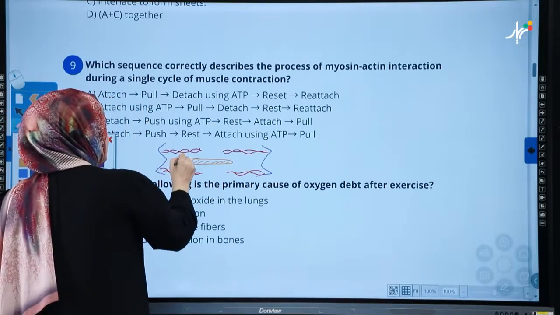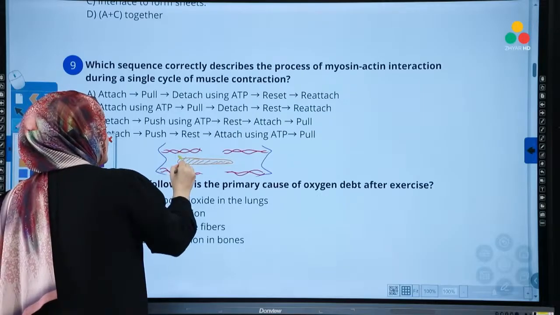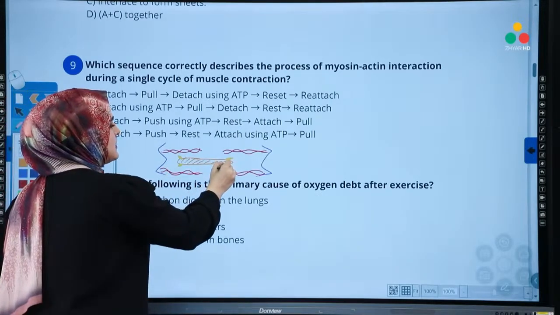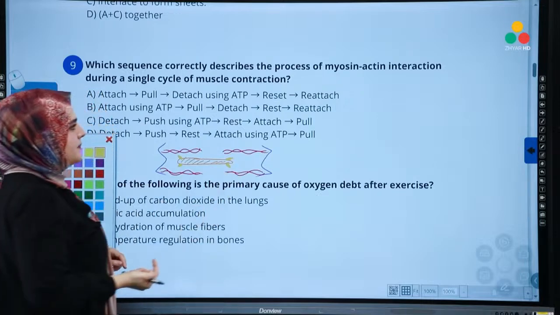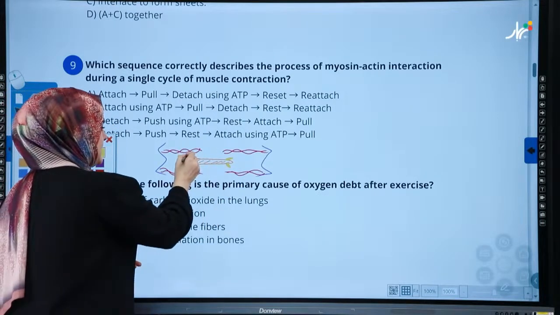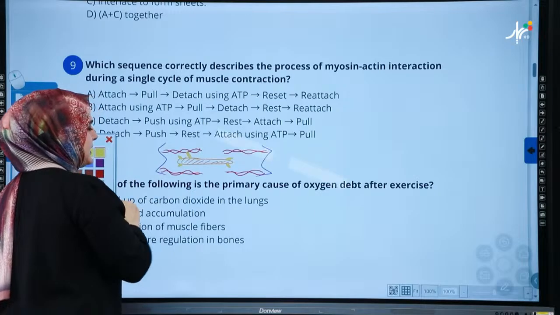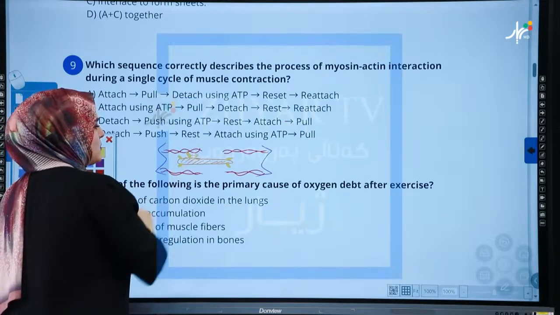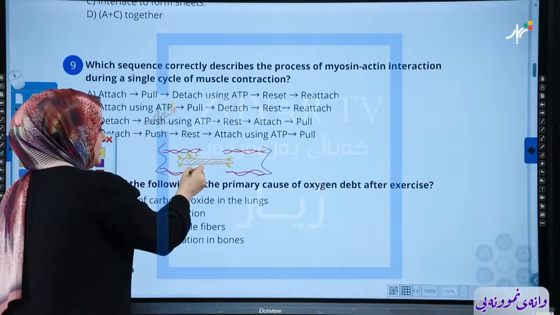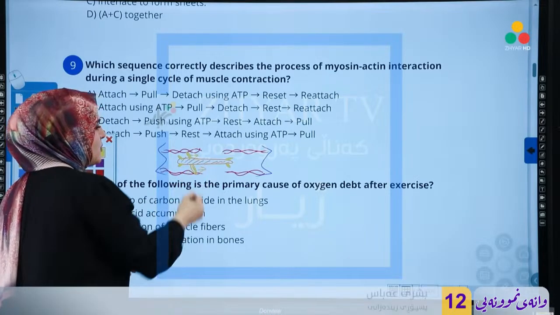See, at the beginning, we have these heads of the myosin that are relaxed and not touching the actin. But then, after the attachment, if it attaches, it brings it like that. And then it moves forward, changing the shape. I'm going to draw the shape here. It's going to bring it forward.